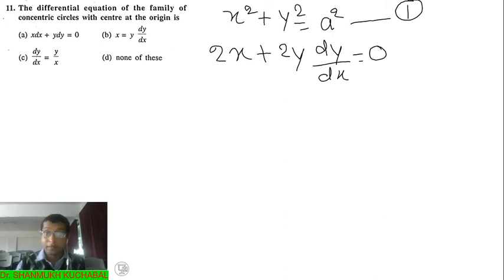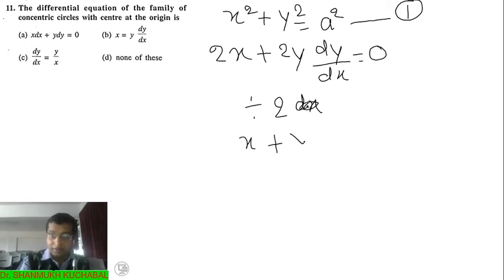Further, 2 is common, so we will divide by 2. Okay, so we get x plus y dy by dx equal to 0.